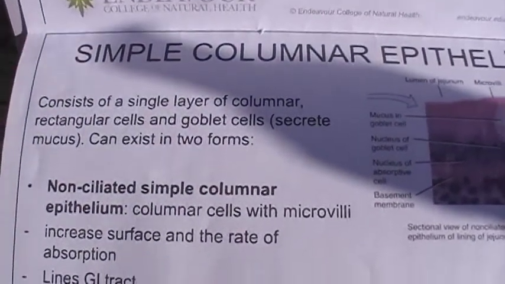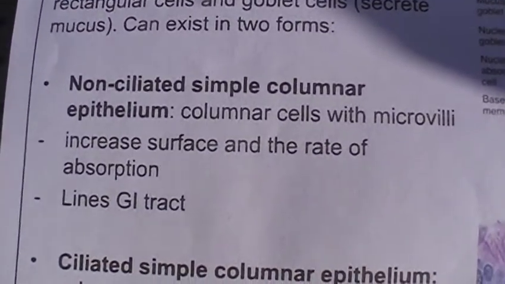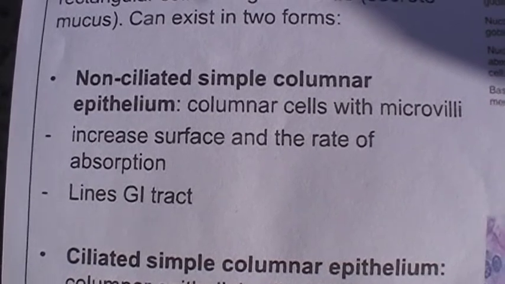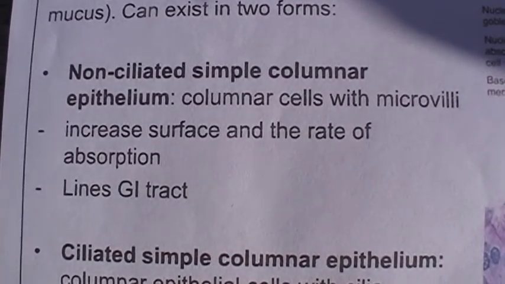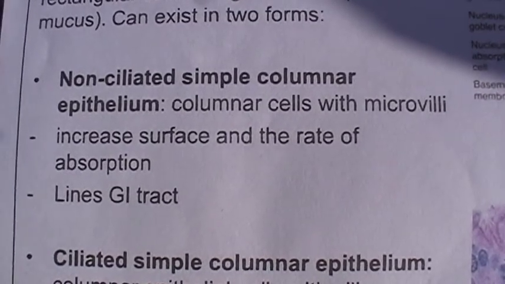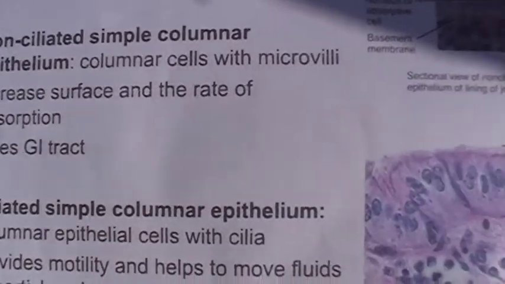With simple columnar, there's non-ciliated simple columnar epithelium, columnar cells with microvilli, and this lines the GI tract.